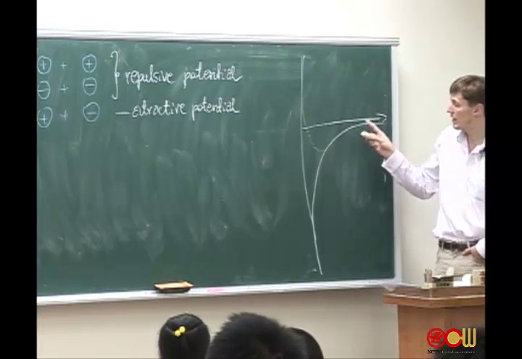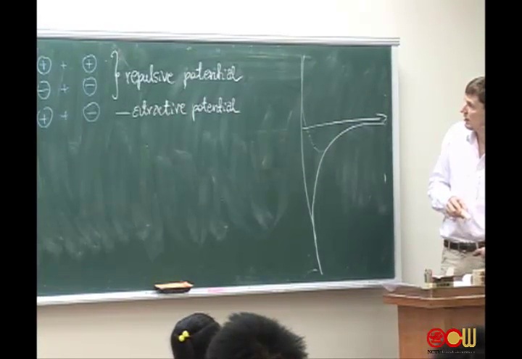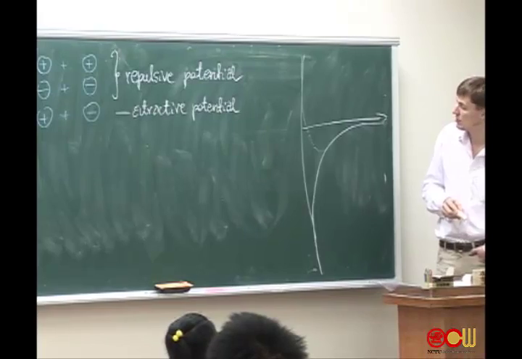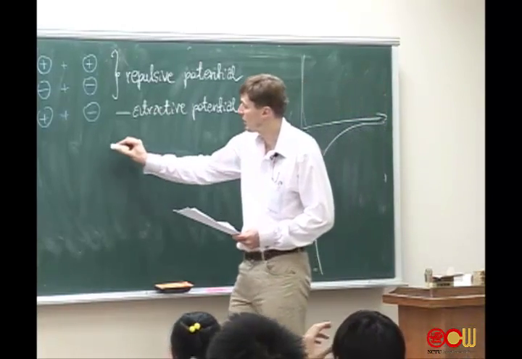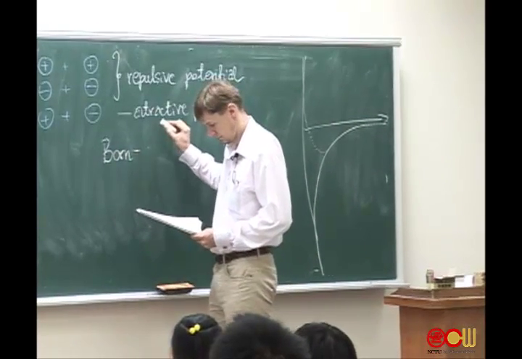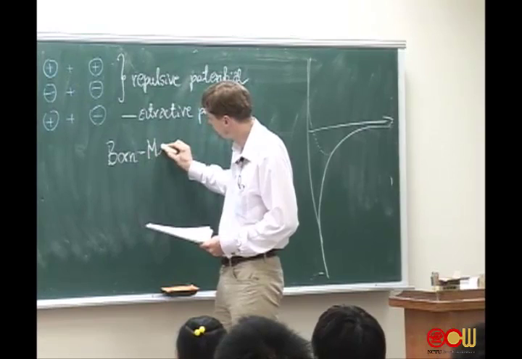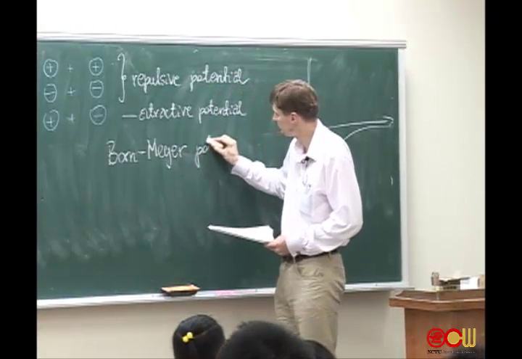So again, we get a similar shape of the potential like we get for the atoms, but now the equation is a bit different. The equation is called the Born-Mayer equation, or Born-Mayer potential.